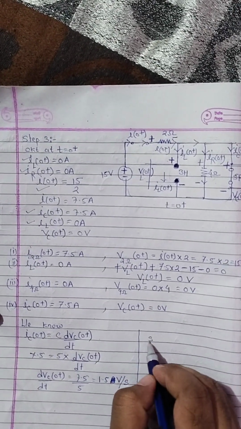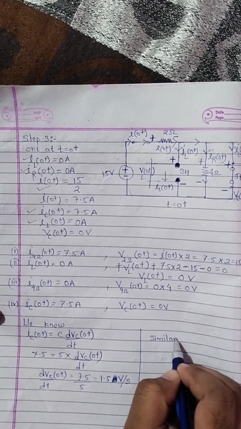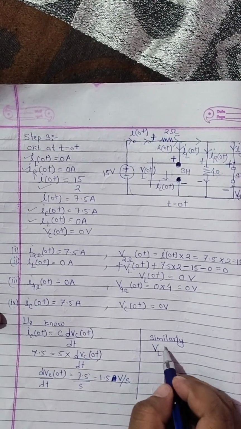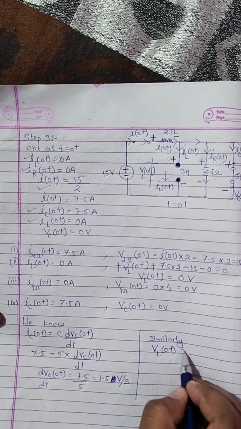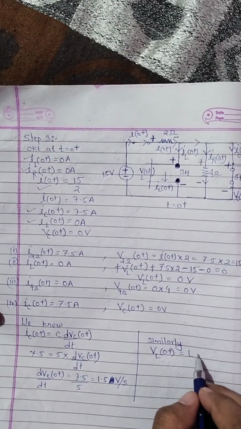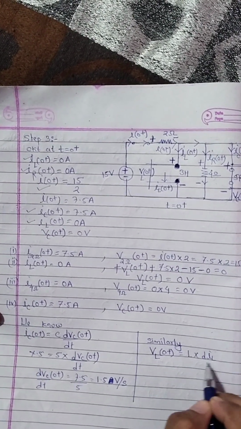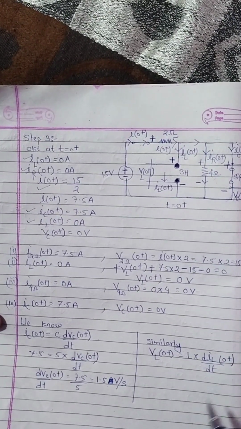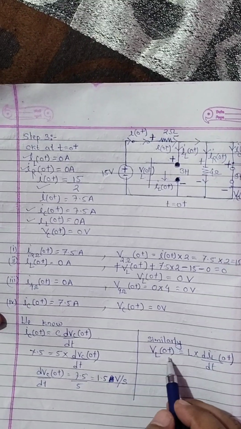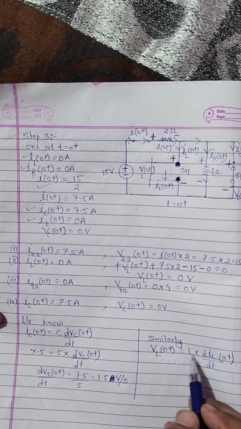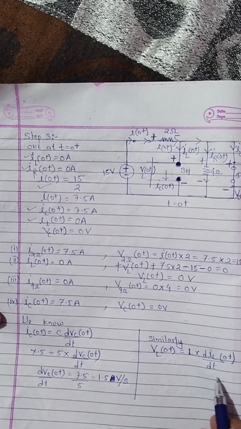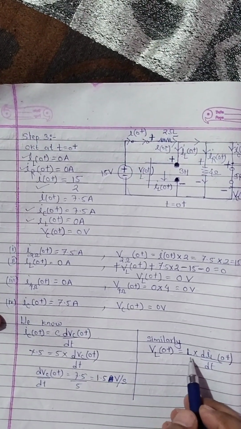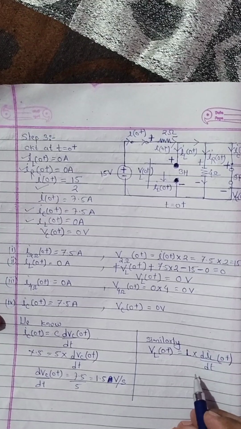Similarly, we have the ready-made formula of voltage across an inductor, that is VL equals to L into dIL upon dt. So at t equals to 0 plus, VL0 plus equals to L into dIL upon dt 0 plus.